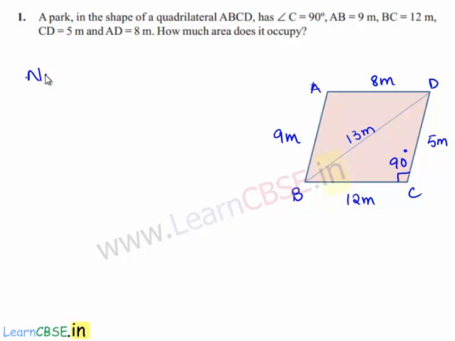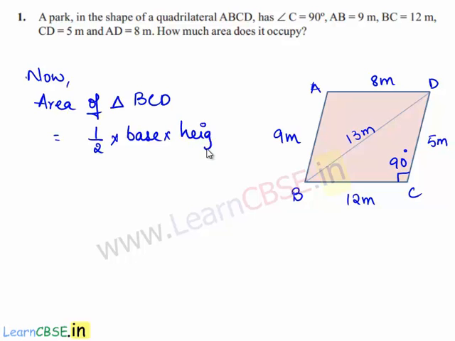Now we shall find the area of triangle BCD. The area of triangle BCD can be found using the formula half into base into height.